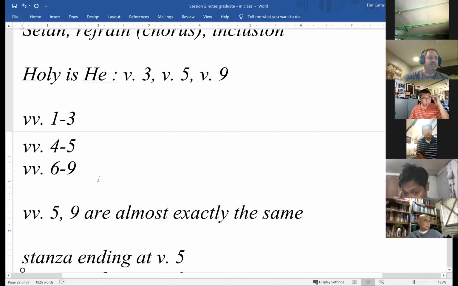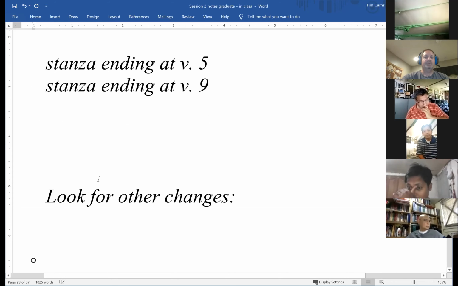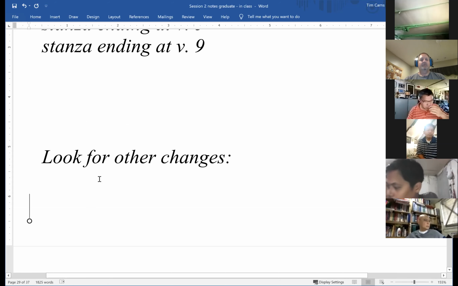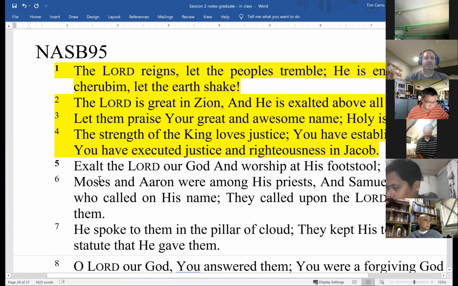if we keep going, let's look for any other changes that we can notice as we go through the psalm. Let's take us back to the psalm here. I don't know if we can see all this at one time. Hopefully you guys can.